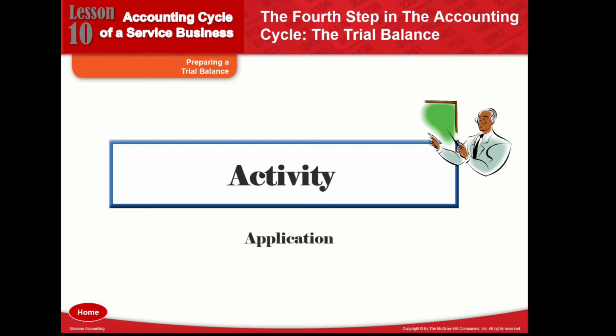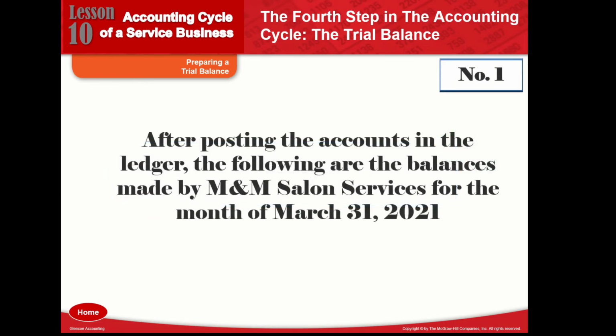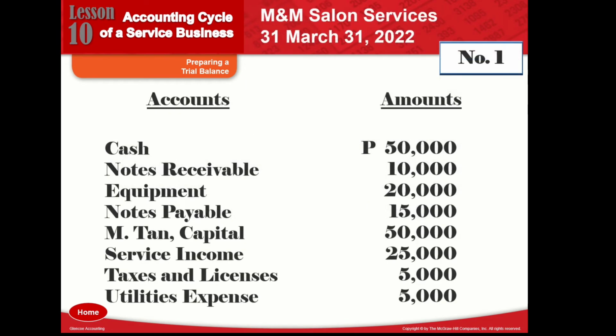So now, let's assess if you have learned a lot from today's discussion. After posting the accounts in the ledger, the following are the balances of M&M Salon Services for the month of March 31, 2021. The following are the accounts with their corresponding amounts. Cash, 50,000.